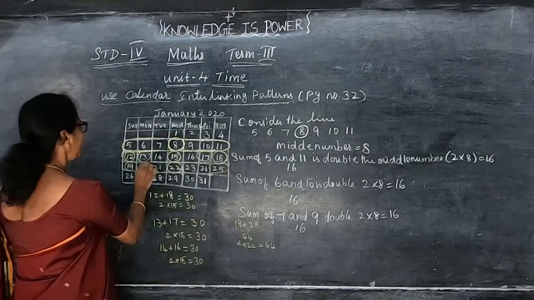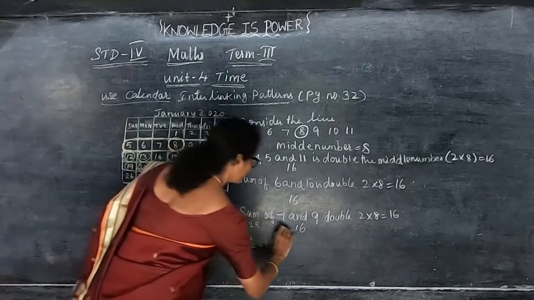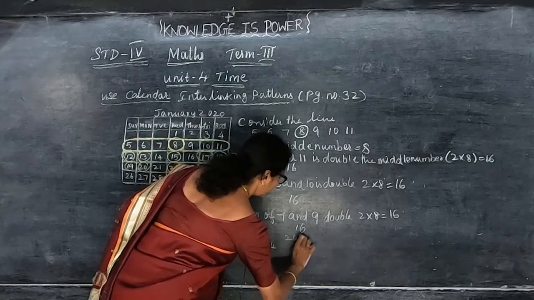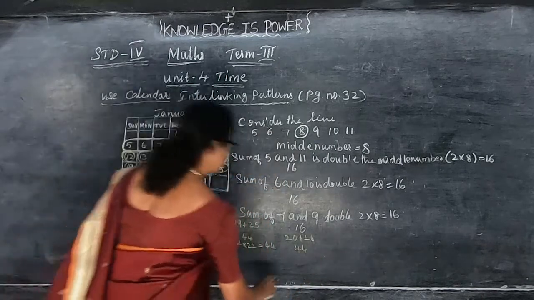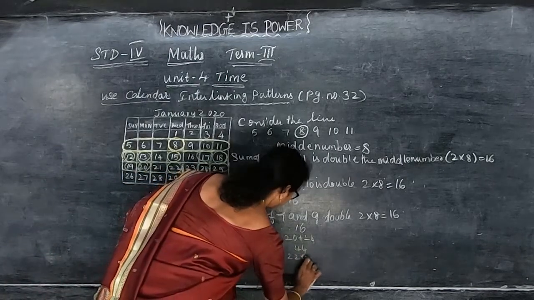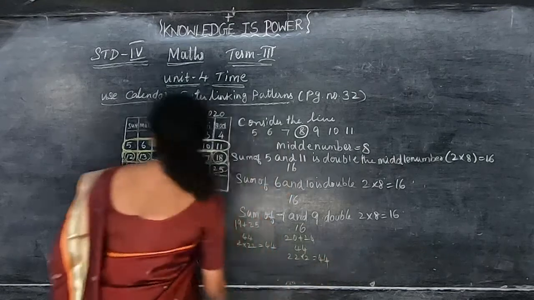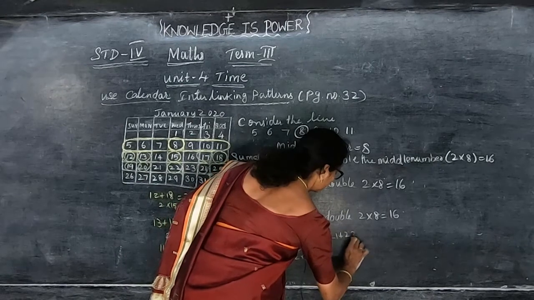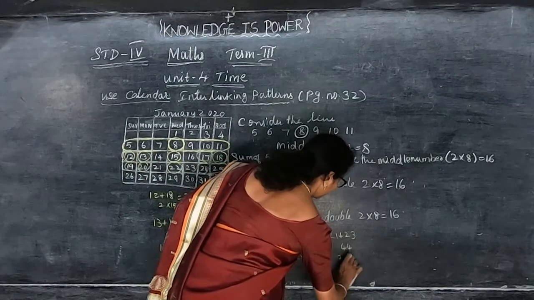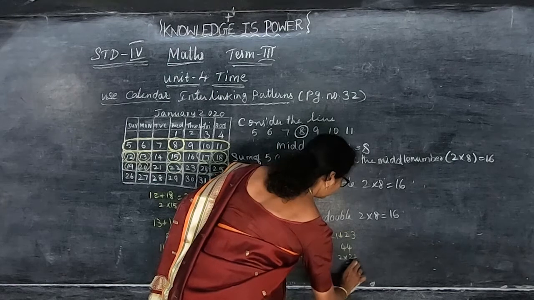Next, 20 plus 24 is equal to 44, and 22 into 2 is 44. Then 21 plus 23 is 44, and the middle number is 22.